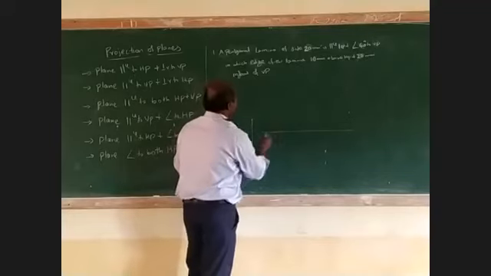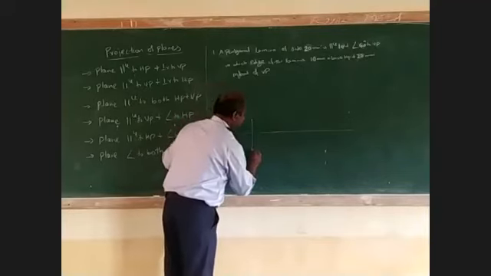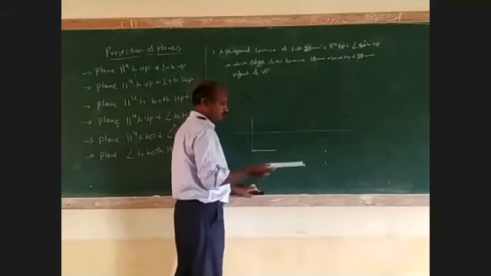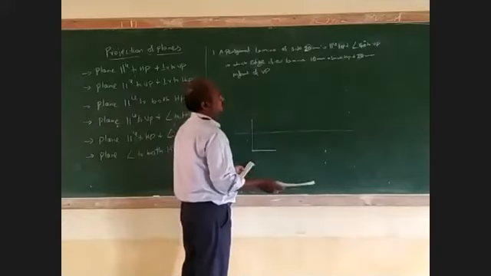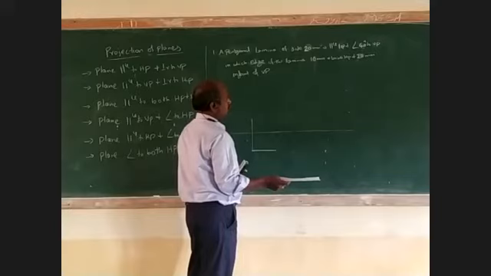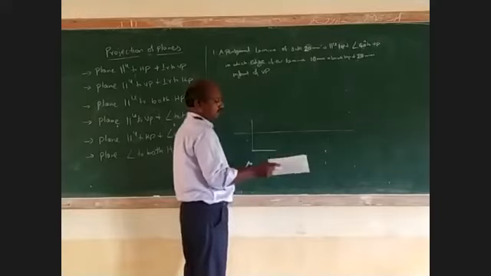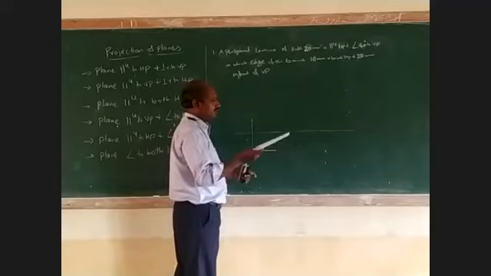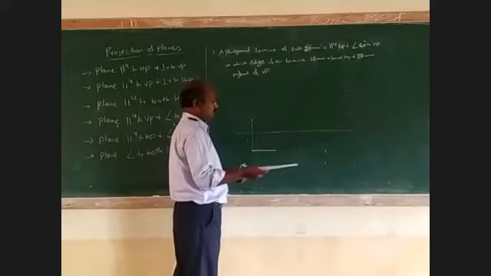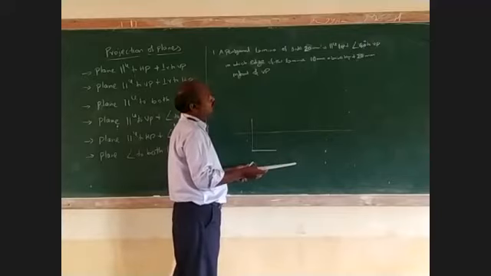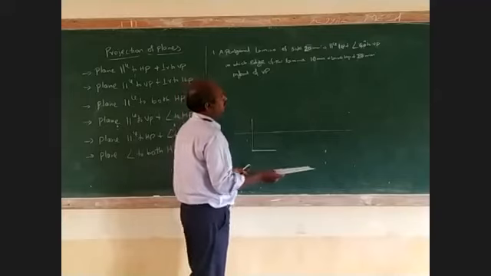Here you have to take a pentagonal lamina. Okay, this is the edge. So if you take it, it is parallel to HP, and inclined to VP. If it is parallel to HP, where does the true shape occur? True shape occurs in the top view when it is parallel to HP and inclined to VP.